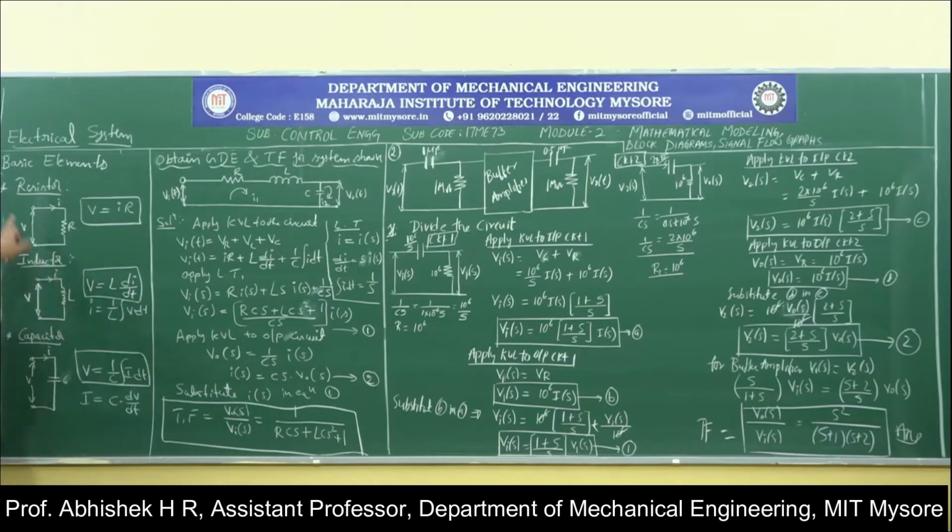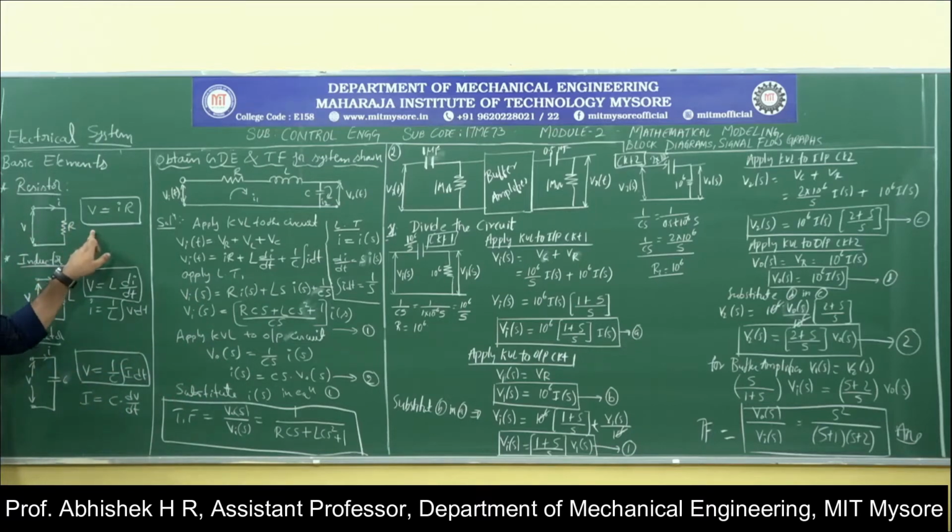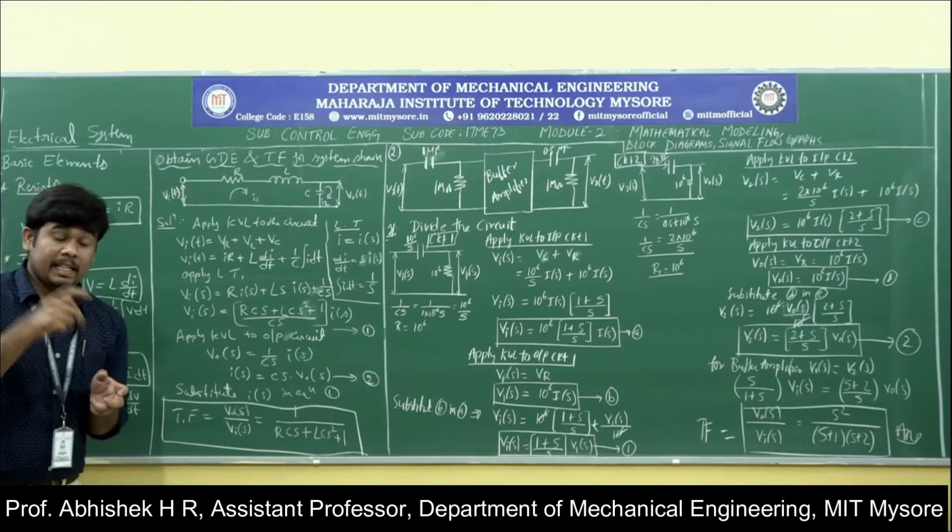I will repeat once again: resistor, inductor and capacitor are the three main elements of the electrical system. The expression as per Ohm's law is V equals I into R, and for the inductance V equals L into di by dt. Here di by dt is the rate of change of current with respect to time.